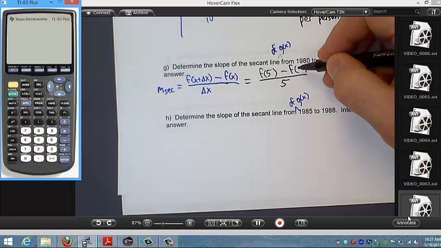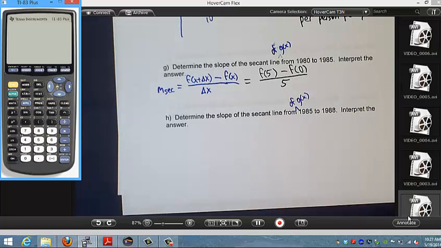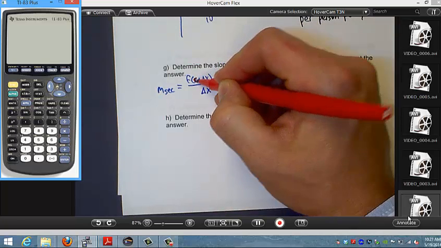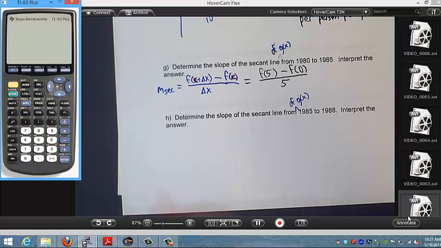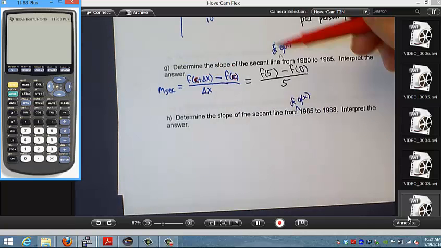Right? But I guess in the formula, that's where this is a little confusing. If it were me, I probably would have written f of c plus delta x minus f of c or something like that, so that you don't think f of x, you're thinking of a number.